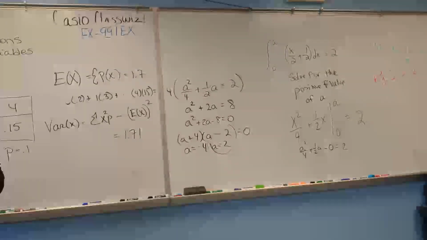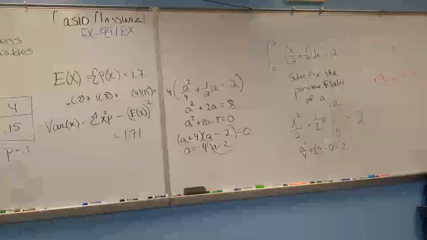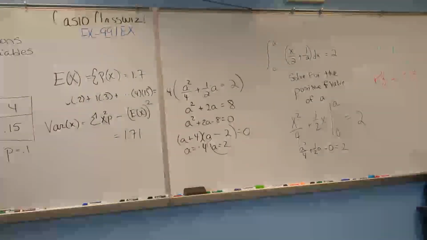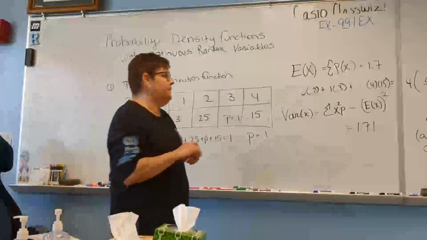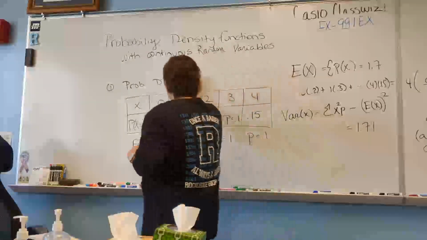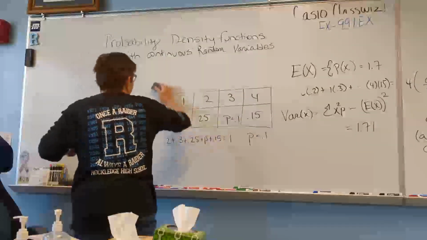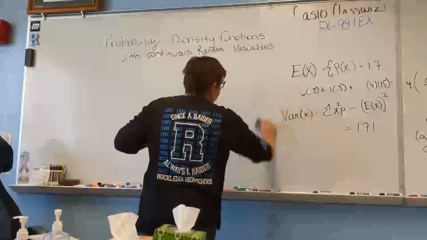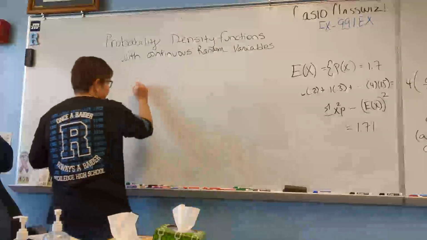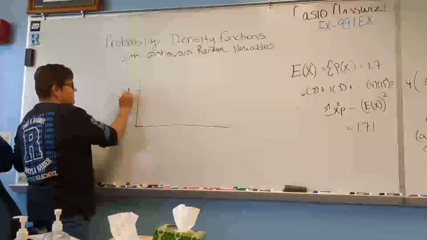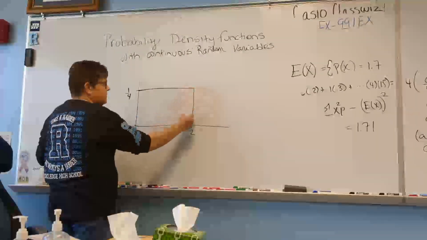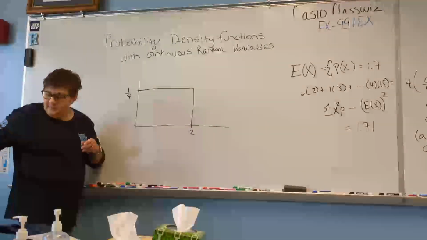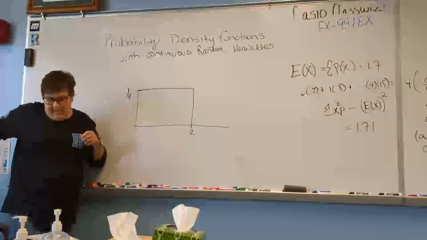So, we're gonna be talking about something called distribution, probability distribution. When I'm thinking of a picture, let's say this is my distribution function that I'm going to be looking at.